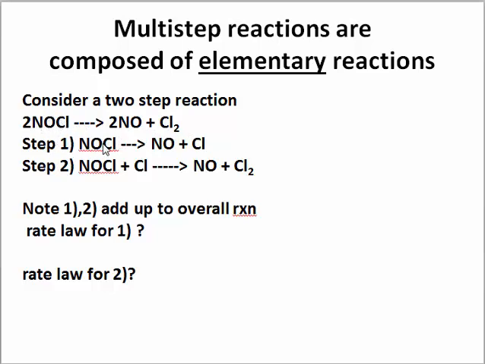In other words, if we add up everything on the left-hand side of steps 1 and 2 and everything on the right-hand side, the top reaction is the result. Cl that is produced in step 1 is used up in step 2. This means chlorine is an intermediate. More on that in a moment.